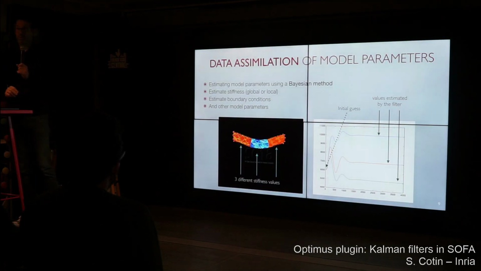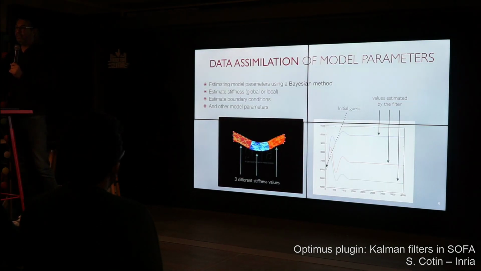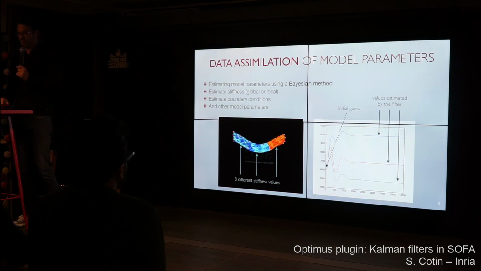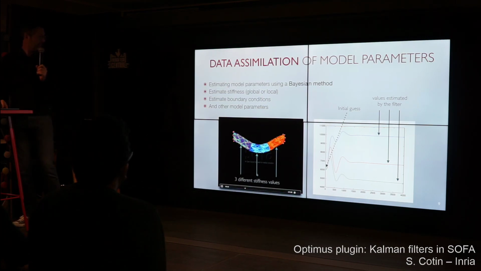Here's an example where we have a cylinder made of three different regions of different stiffness. We don't know the stiffness, so we initialize all the values to, like, 6,000 Pascal in this case. That's our initial guess. Then we have some points on the surface, though it's not easy to see them, that are our observations.